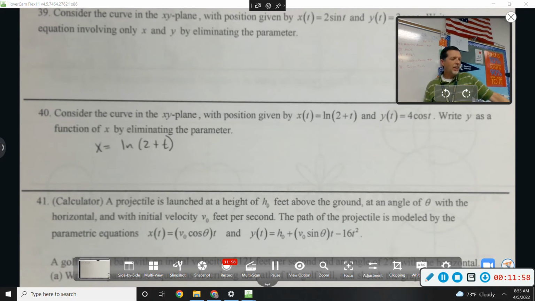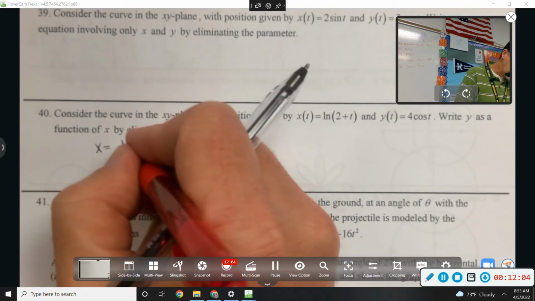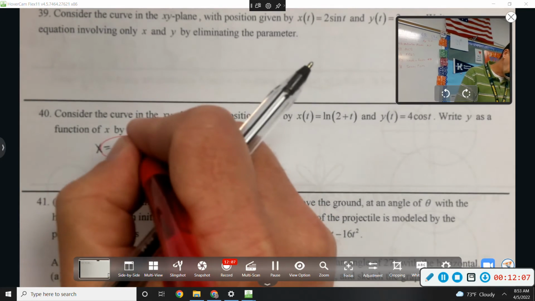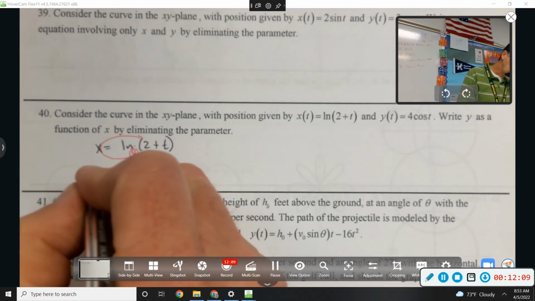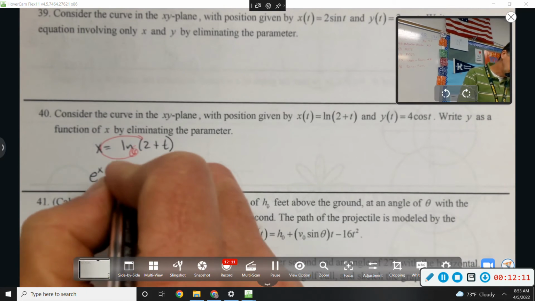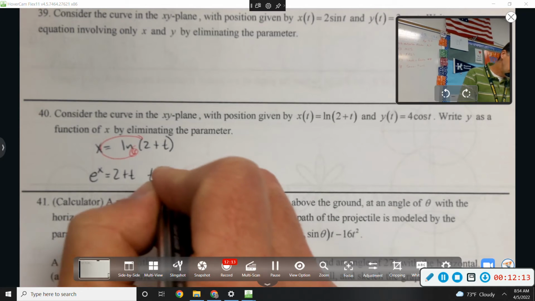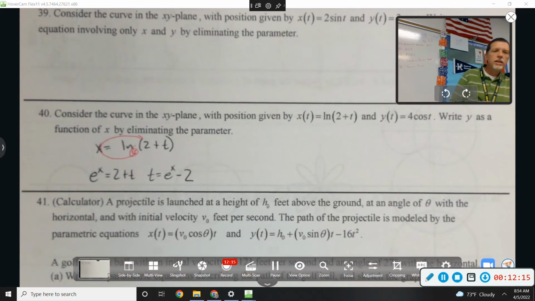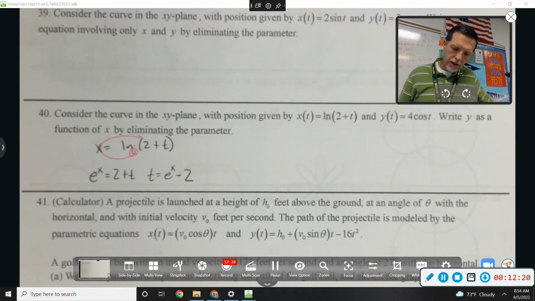Involves an e. So I can either e both sides, but most people would say do the loop-de-loop thing. E to the x equals 2 plus t. So that means t equals e to the x minus 2.